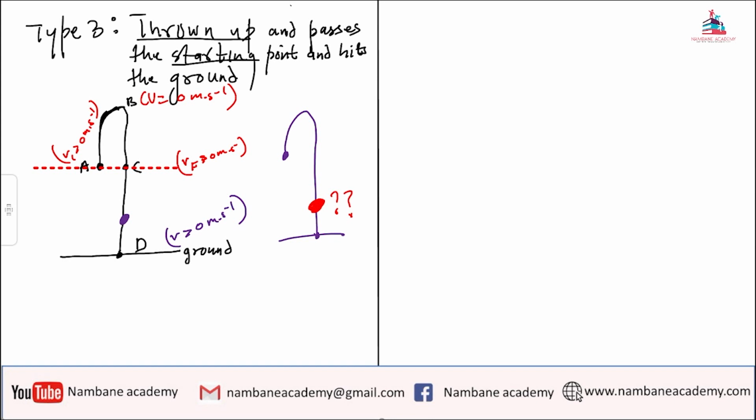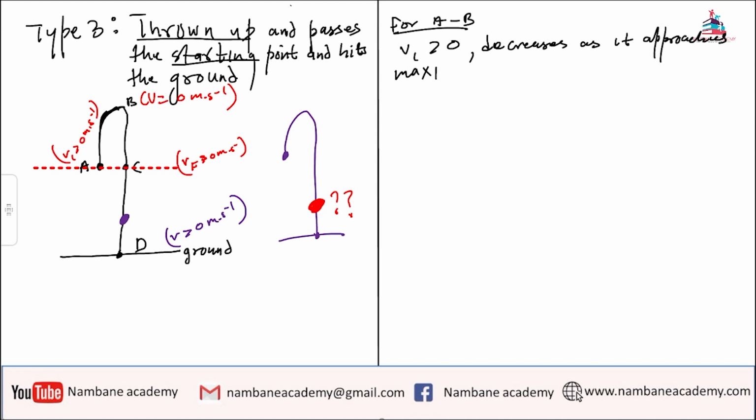For AB, V initial greater than 0, that means it decreases as it approaches maximum height.